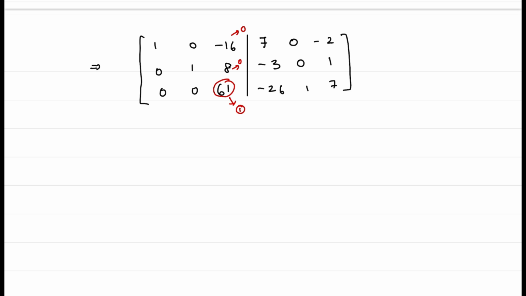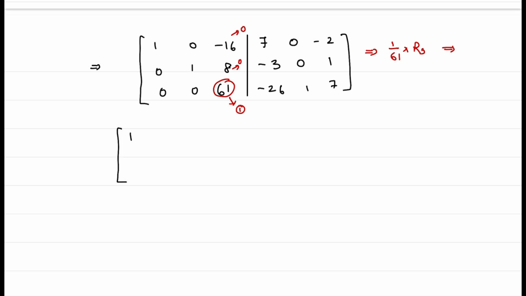To make this as 1, you divide R3, 1 by 61 into R3. We make this operation for the whole R3. What happens? Let us see.